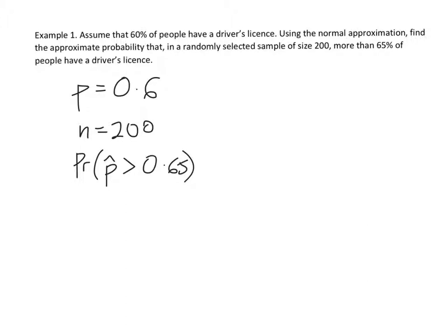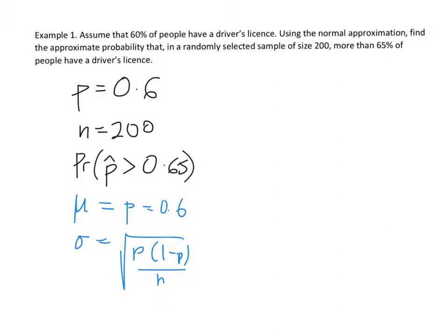So if we use a normal approximation, we start with a mean of p, which is 0.6, and we also have a standard deviation of the square root of p times 1 minus p over n, which equals the square root of 0.6 times 0.4 divided by 200. Take the whole square root of that, and that gives you 0.0346.